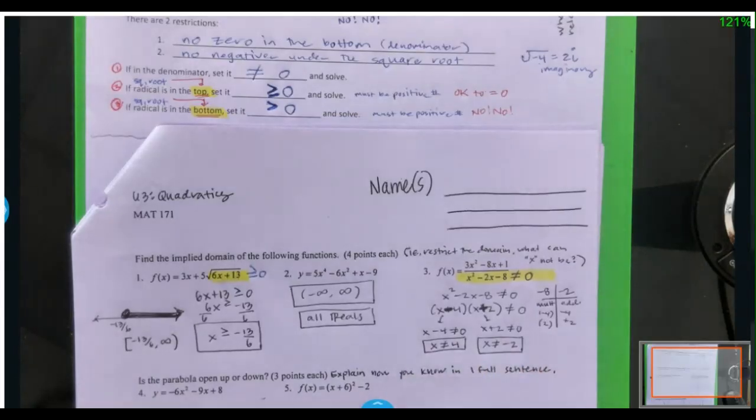You could write that in interval notation, but it would be a 3-part interval. X can be anything, all numbers except for positive 4 and negative 2.